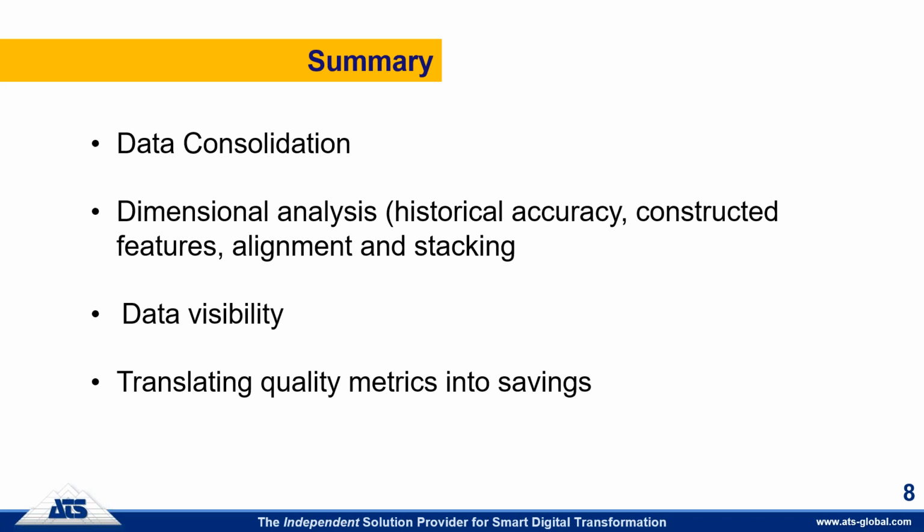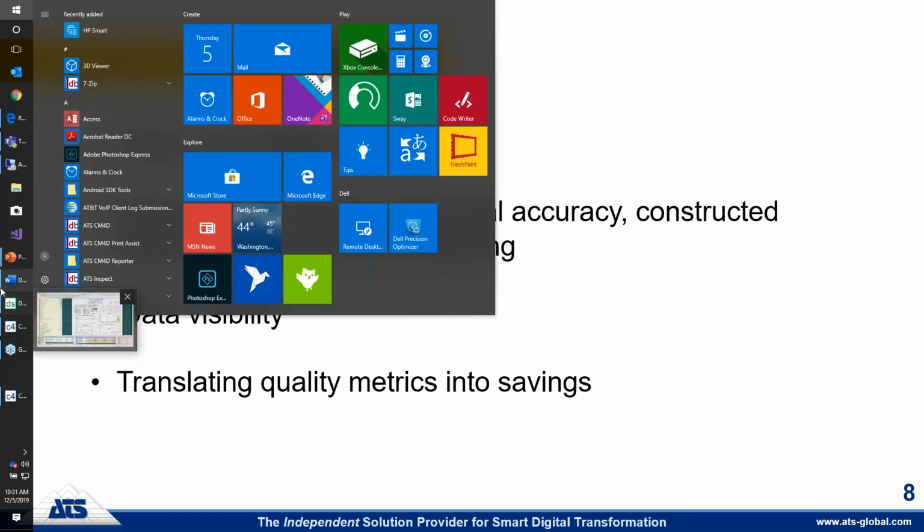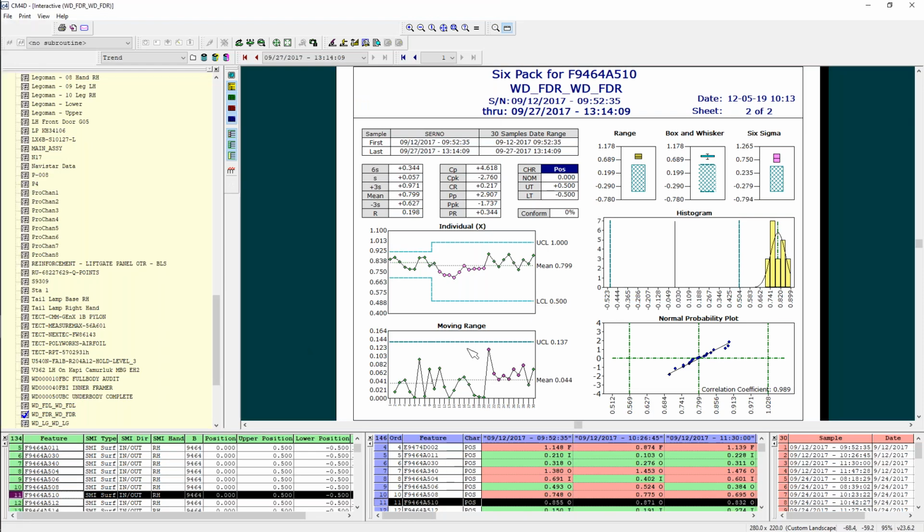And I've got the last one here. Is there a way that a trend point gets highlighted if something goes out of limits?